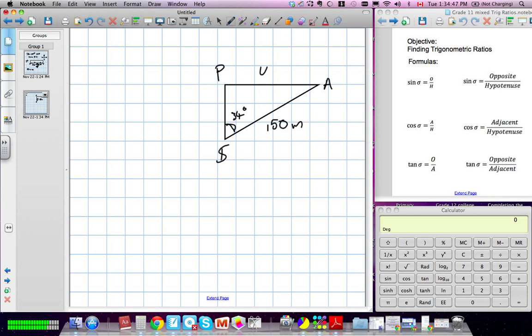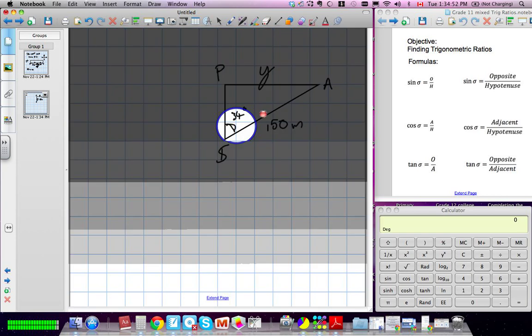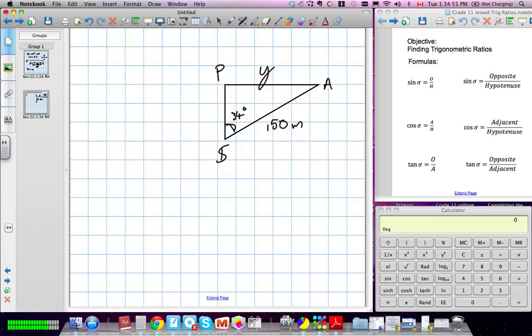This is considered the opposite side, and this would be considered our hypotenuse.